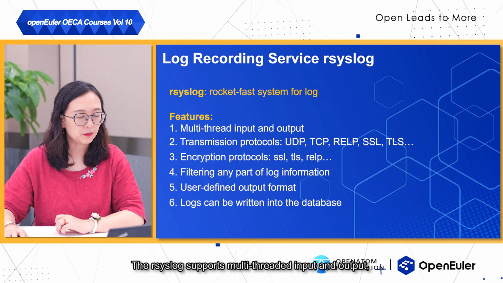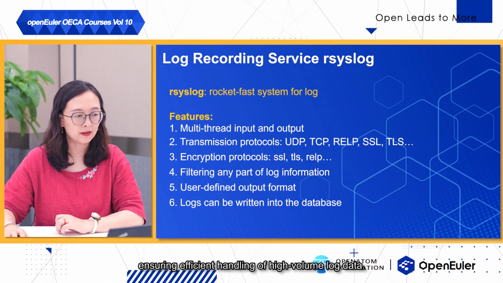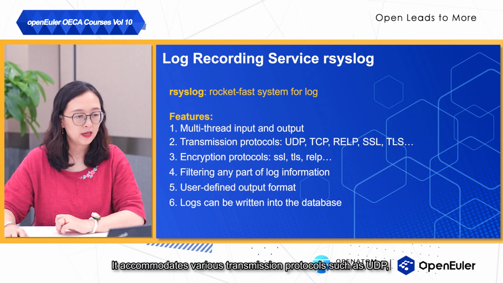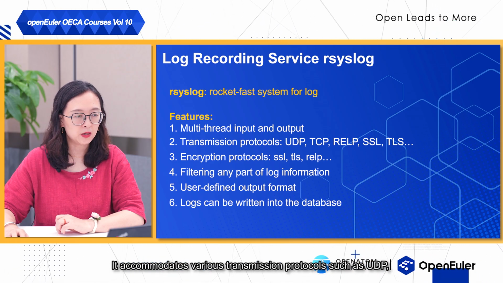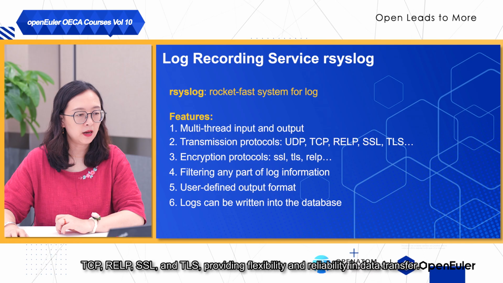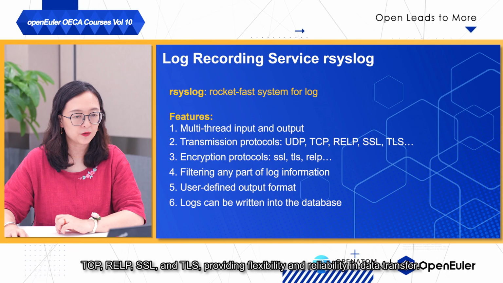rsyslog supports multi-threaded input and output, ensuring efficient handling of high-volume log data. It accommodates various transmission protocols such as UDP, TCP, RELP, SSL, and TLS, providing flexibility and reliability in data transfer.